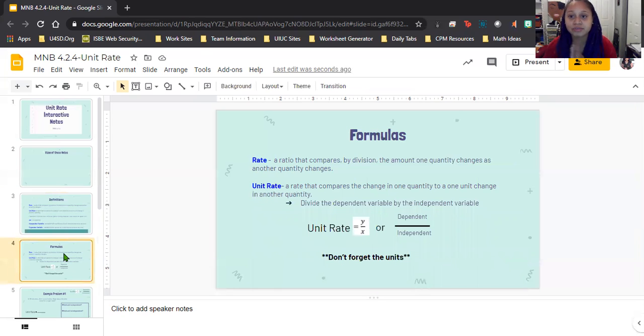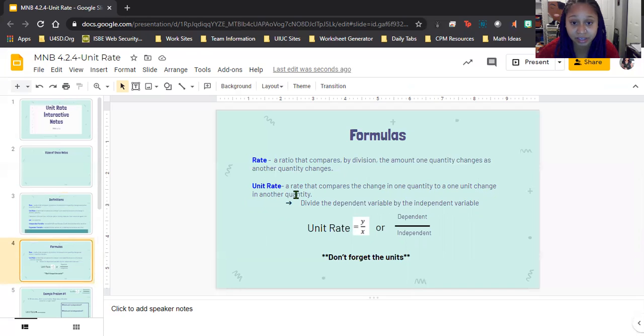So the formula for rate, and more specifically unit rate, is a ratio that compares by division the amount one quantity changes as another quantity changes. Just like the definition from the previous slide, a unit rate compares the change of one quantity to a one unit change in another quantity.